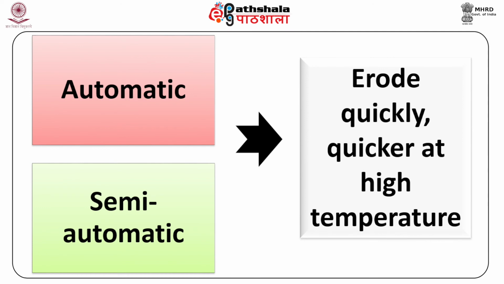Repeating firearms, that is, automatic or semi-automatic, are eroded more quickly. In these, the barrels do not get sufficient time between the shots to cool. The erosion at higher temperatures is greater. The use of nitroglycerin powders, which result in higher temperatures, wears out the barrel more quickly.